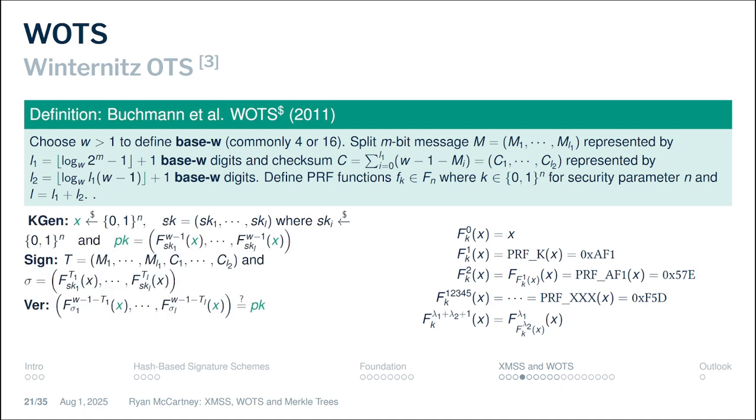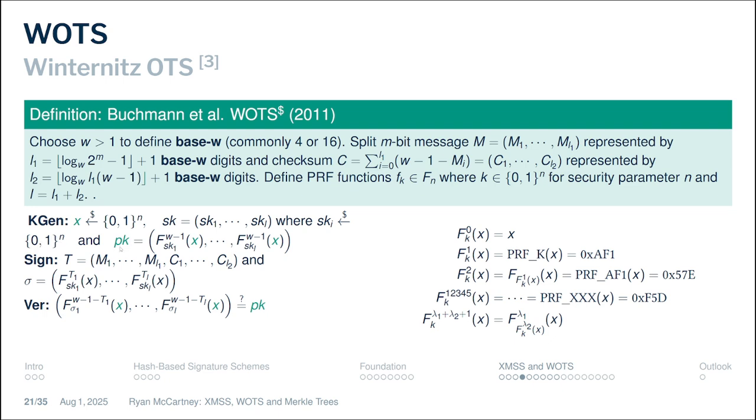Then, in order to properly define a signature scheme, we now need to define the keygen, sign and verification algorithm. x and pk are public values, that's why they are green here. And we uniformly at random select this n-bit value x, and every sk_1 to sk_l is also uniformly randomly picked as an n-bit value.